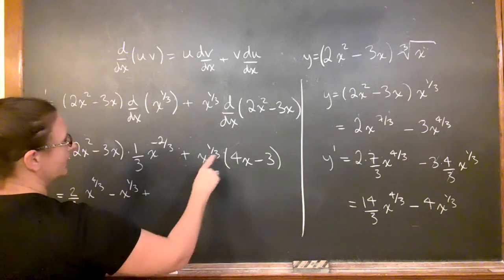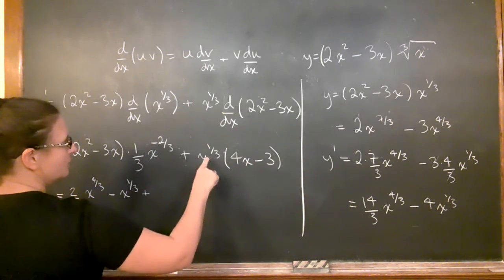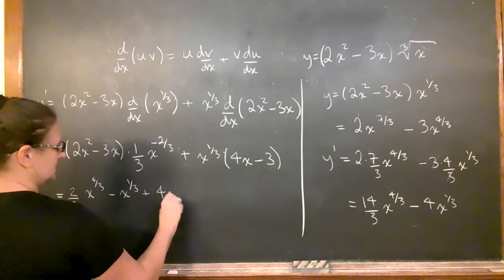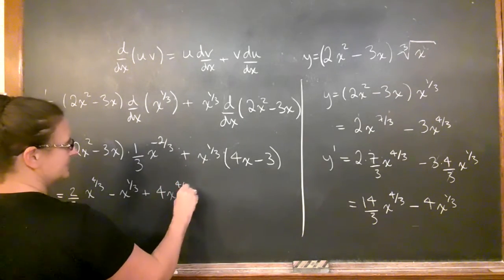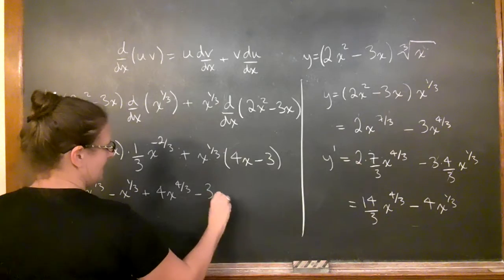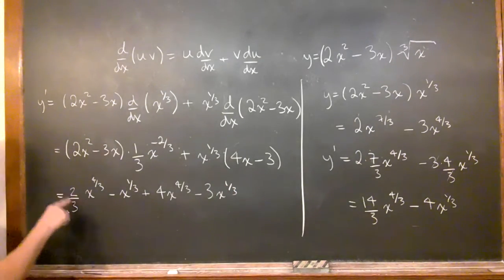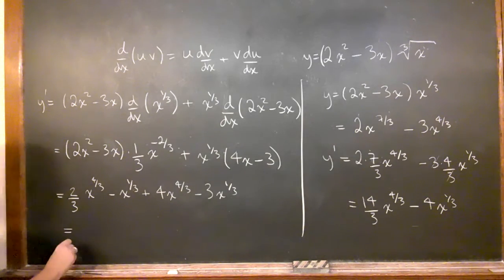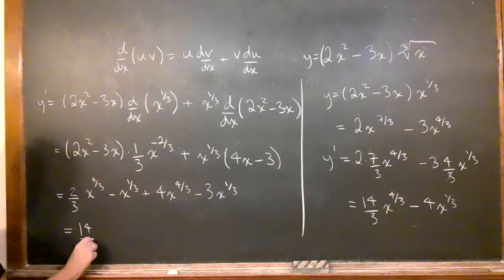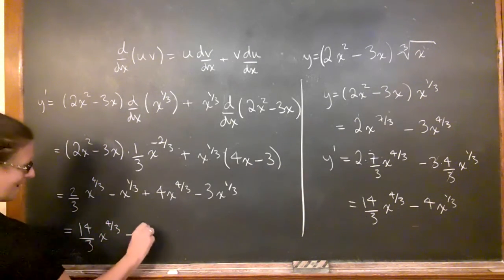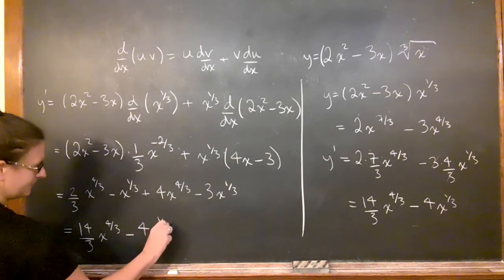Well, let's just, yeah, okay, yeah. So, okay, well, 4/3, that's right. 4 times, again, I've got 1, so this is 4x to the 4/3, and yeah, then I have 3x to the 1/3. All right, now, if I add these two, I've got 2/3 plus 12/3, so that's 14/3 x to the 4/3 minus 4 x to the 1/3.